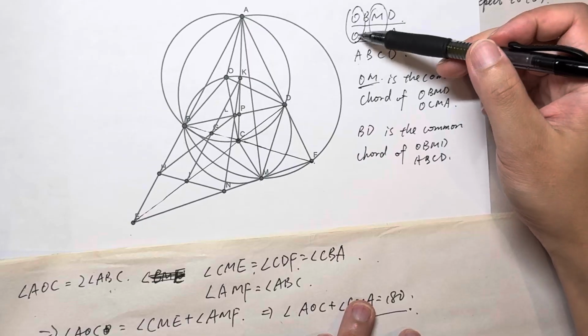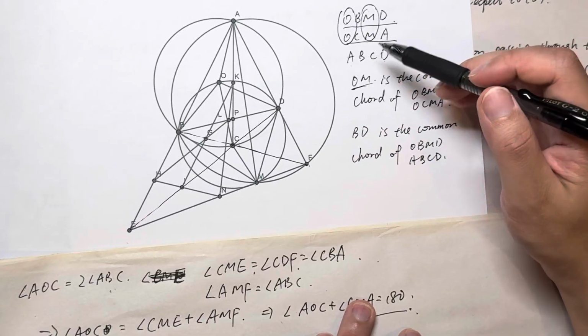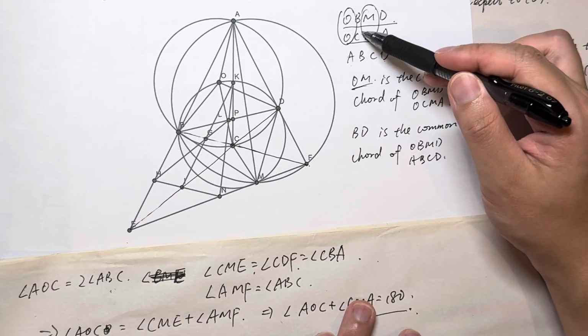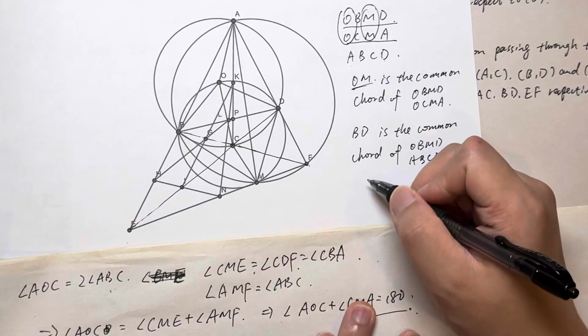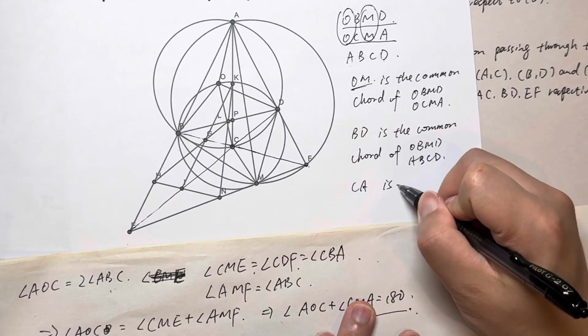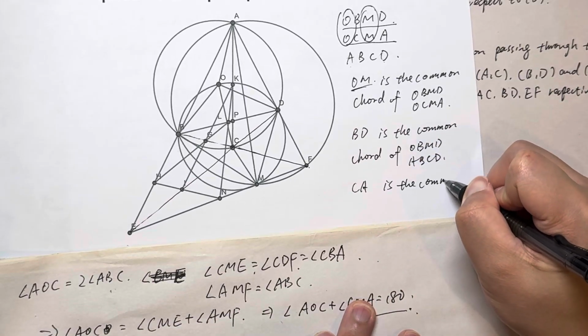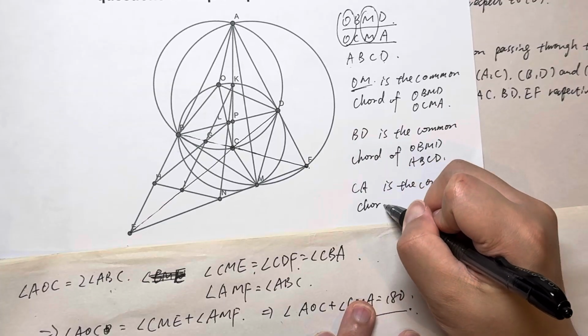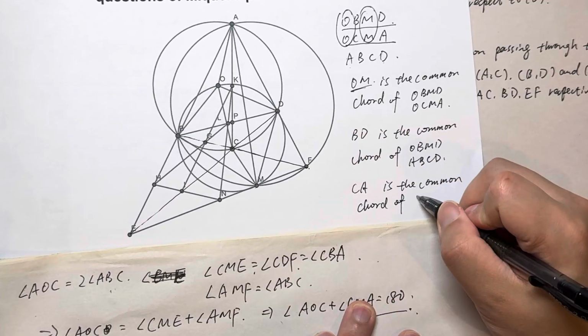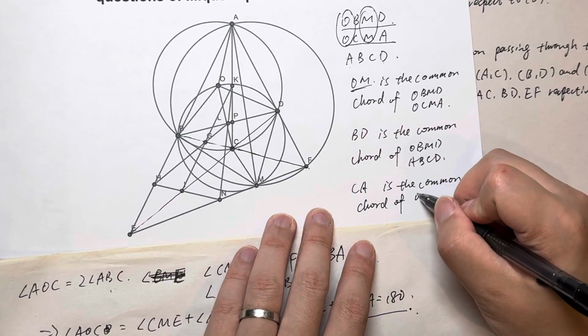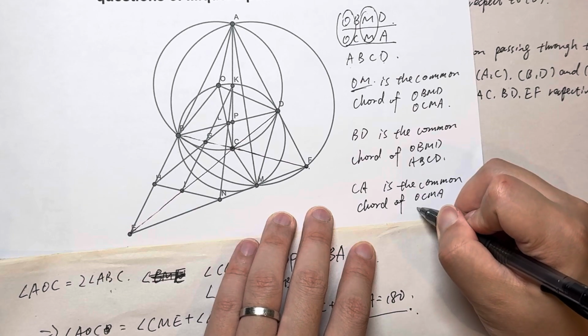And for the circle OCMA and circle ABCD, we know that CA is a common chord of OCMA and ABCD.